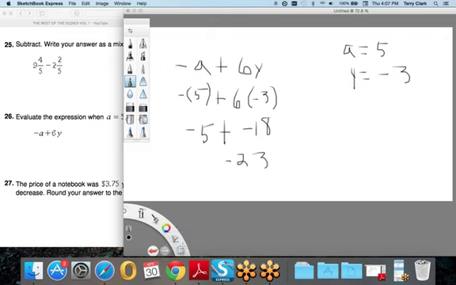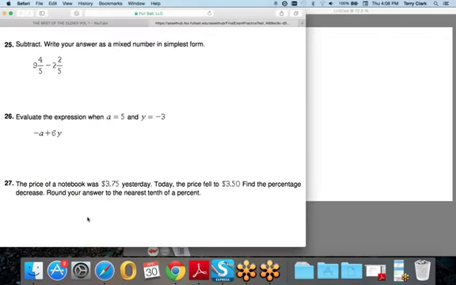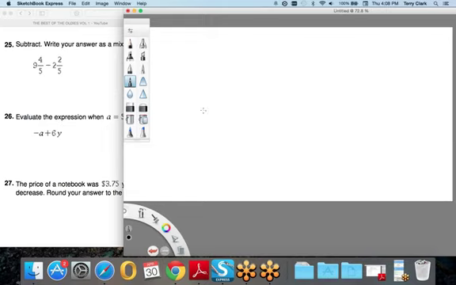All right, so 27, the price of a notebook was $3.75 yesterday. Today the price fell to $3.50. Find the percentage of the decrease. Round your answer to the nearest tenth of a percent. The way that works is we've got to figure out what the decrease is before we can find the percentage of the decrease.